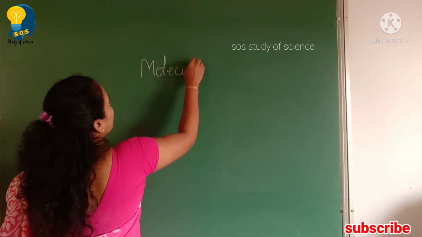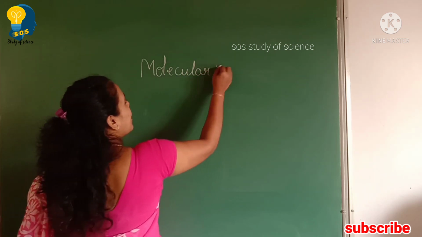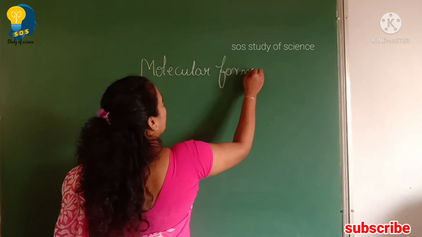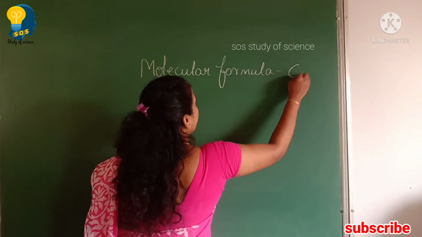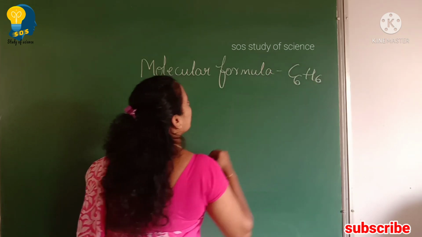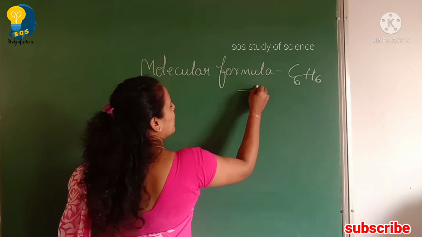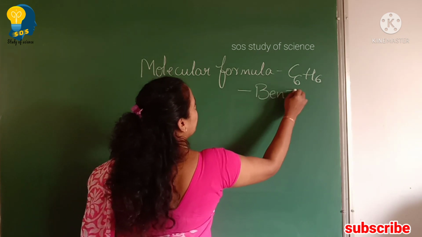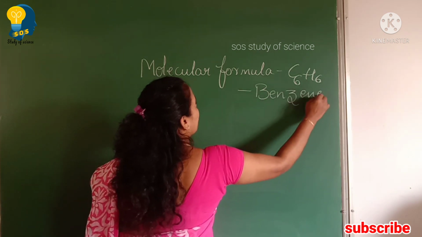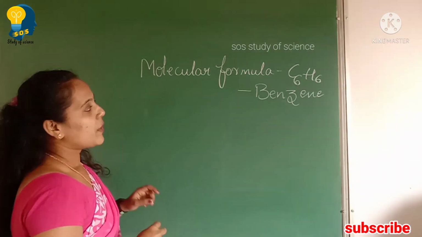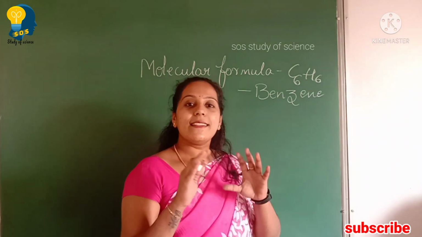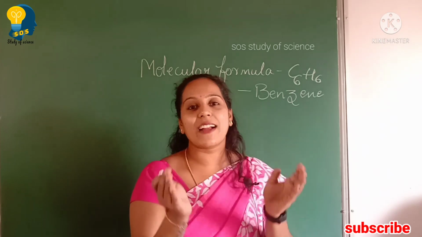The molecular formula of benzene is C6H6. The name of this compound is benzene. Its formula is C6H6.